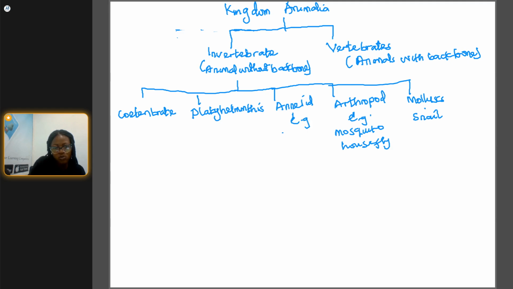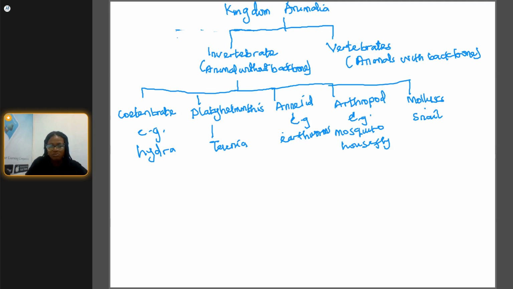The annelids are the worms, the earthworms. Okay, I believe we are gaining something. And the platyhelminthes example is the tapeworm, and the coelenterate example is the hydra. Those are the examples of organisms under each of the classes.